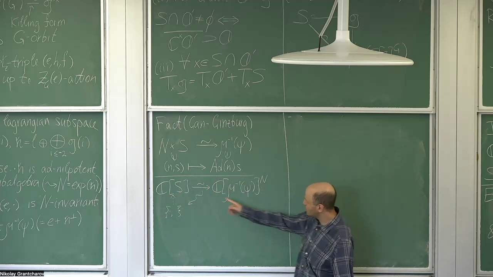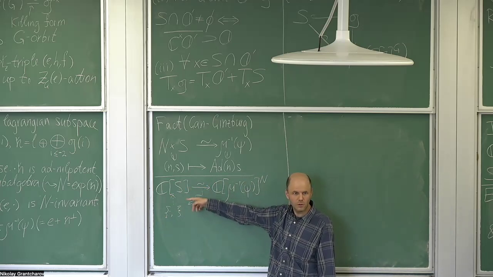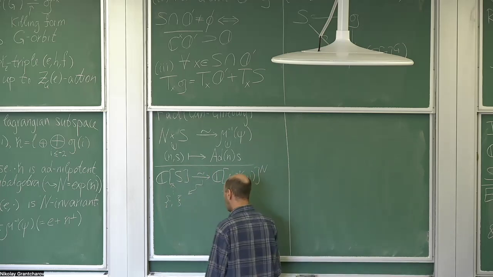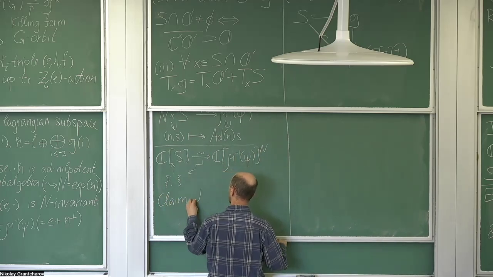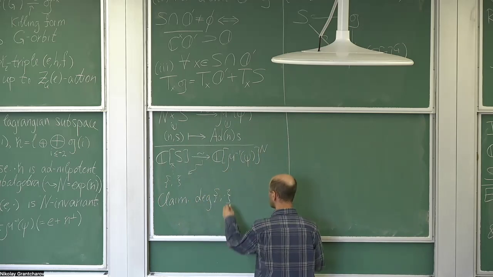Remember, the left-hand side was also graded. We would like to understand how this bracket interacts with the grading. So here is how. The degree of the bracket with respect to the grading is equal to minus 2.